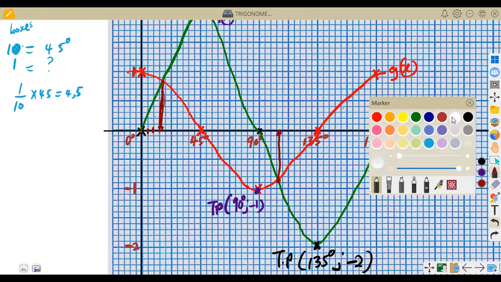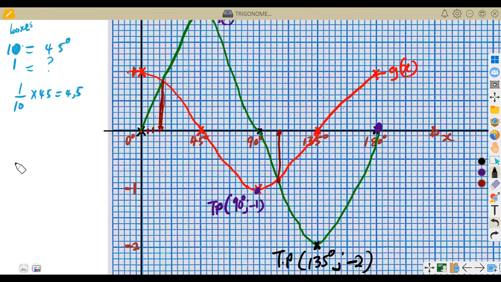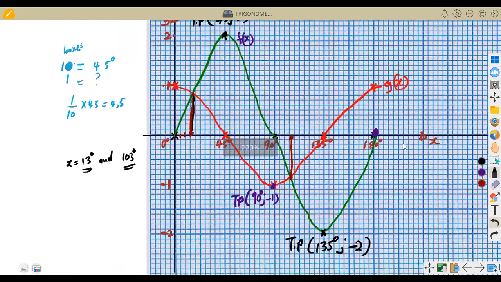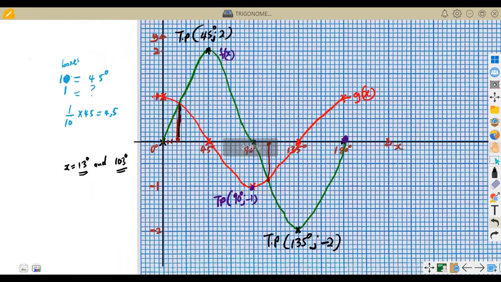All right. So in this case, our exact values were supposed to be approximately 13 degrees, and the other x here at 103 degrees. So I just want you to properly read what you see from your graph, although it's not that smooth, because when you are sketching these graphs, you are using freehand.